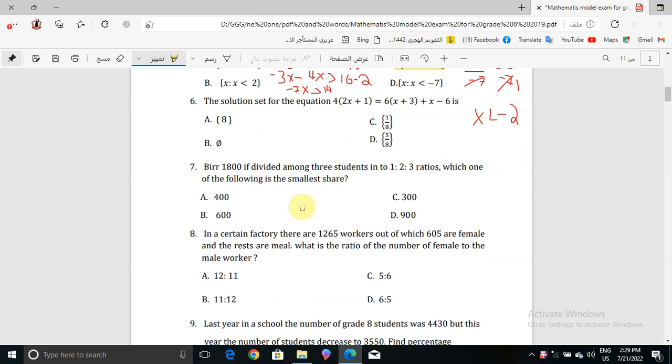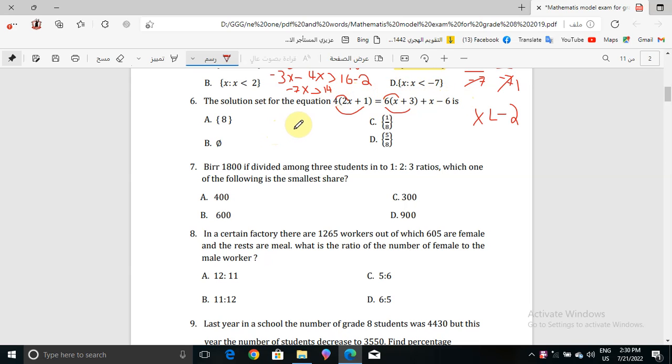Now question number 6, what is the solution set for the equation 4 in bracket 2x plus 1 is equal to 6 in bracket x plus 3, plus x minus 6? First of all, 4 times 2x and 4 times 1, then 6 times x and 6 times 3, then plus x minus 6.